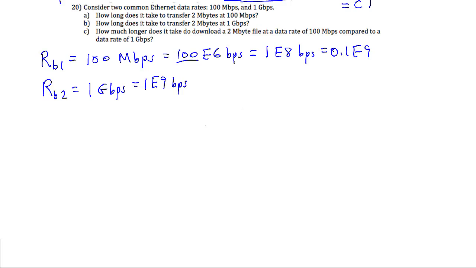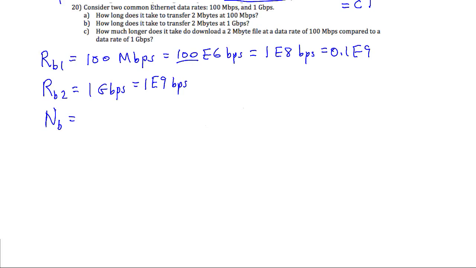Okay? So first of all, let's write down the size of the file. It's a 2 megabyte file, and we're using a capital NB for the number of bits in a file.